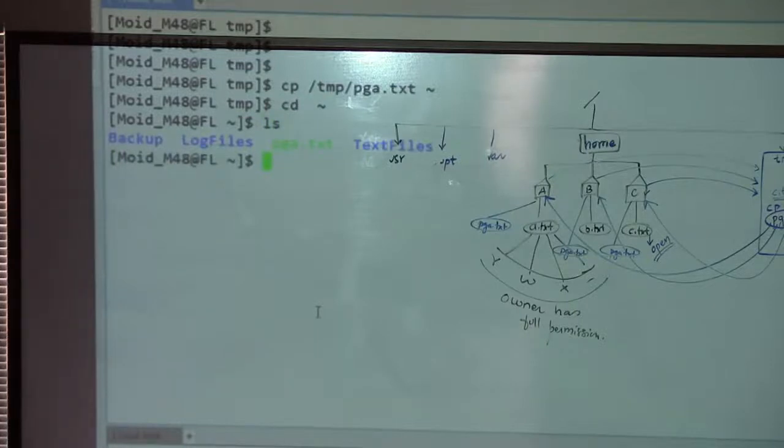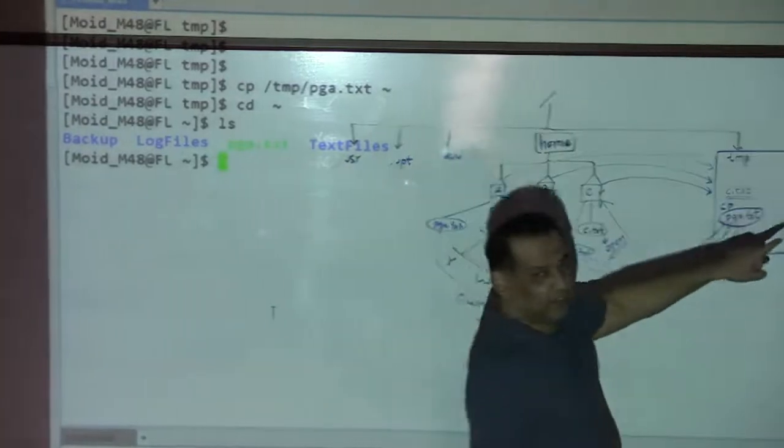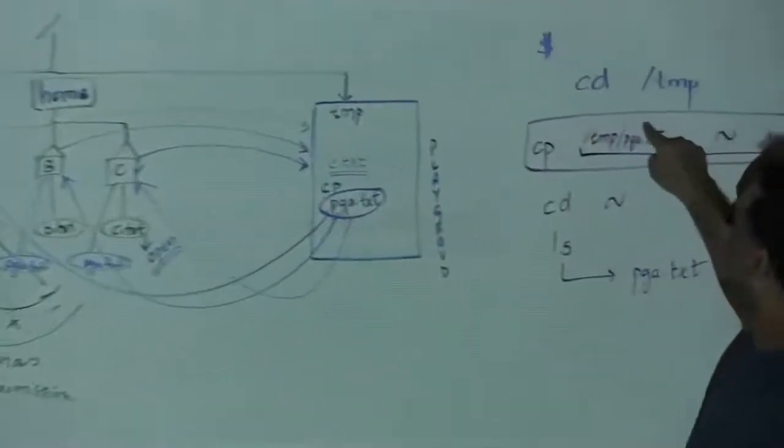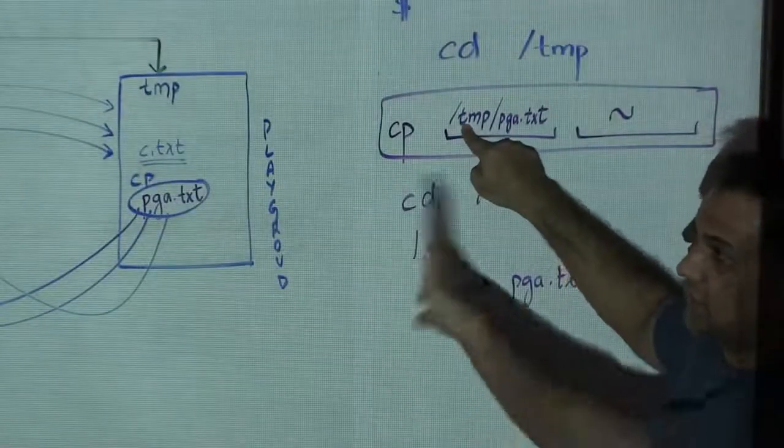Now can you all tell me if you see pga.txt in your home now? Yes. Anyone who is still struggling? Okay. What is the problem? All you have to do is run this command. I'm saying that the pga.txt is in the temporary location. We just verified it.